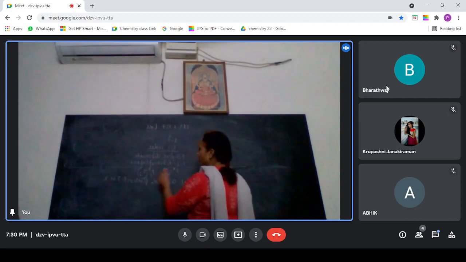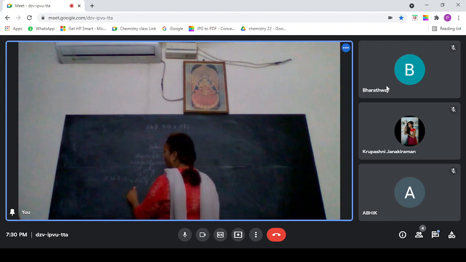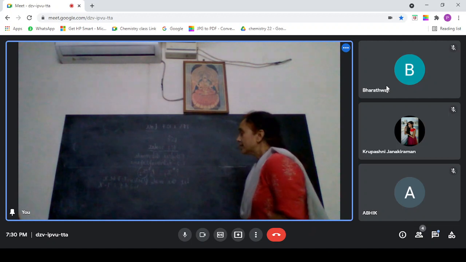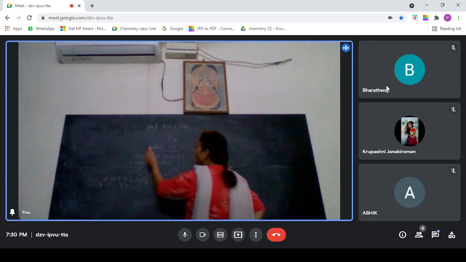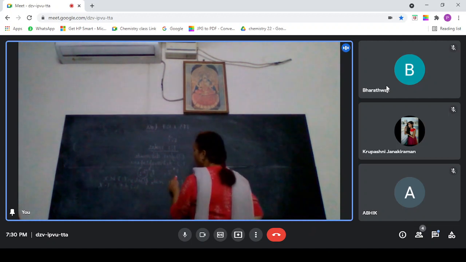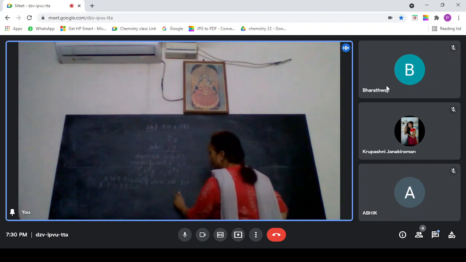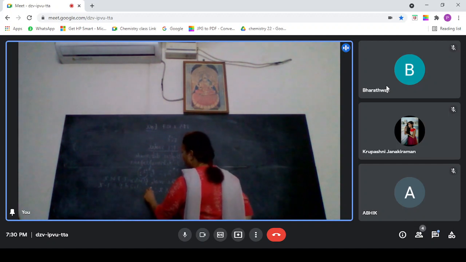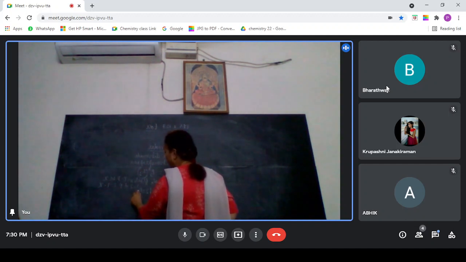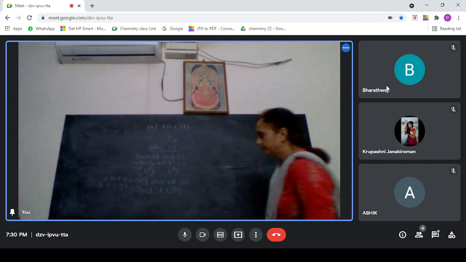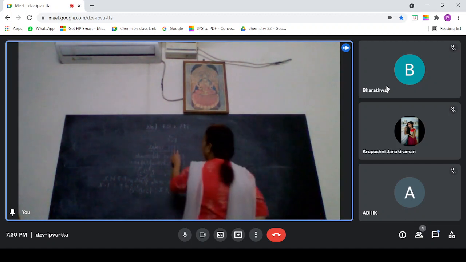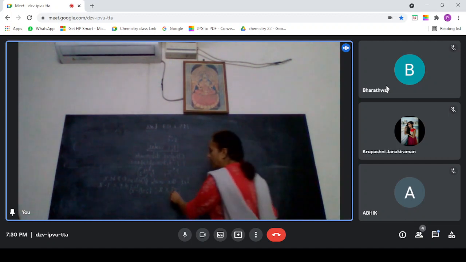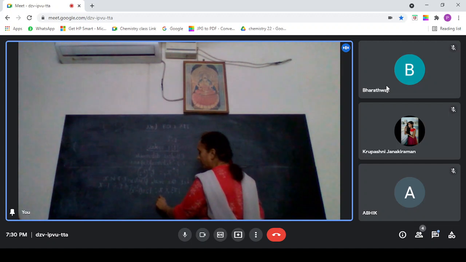So, if the mole fraction of ethylene dibromide is X, 1,2-dibromopropane will be 1 minus X. Since you are mixing them in a 1:1 molar mixture, 173 into X is equal to 127 into 1 minus X. Both are the same, so find out X from this now.